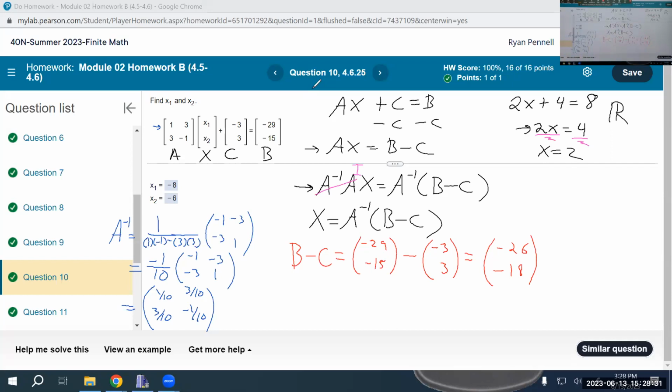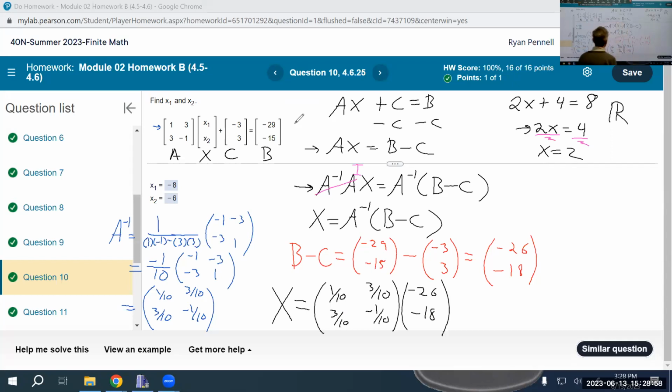Almost done. Now I need to multiply. X equals A inverse times B minus C. Go. I get -8 and -6.